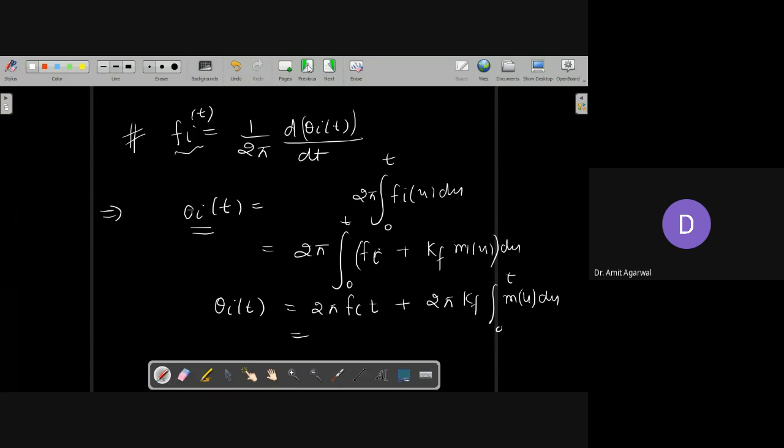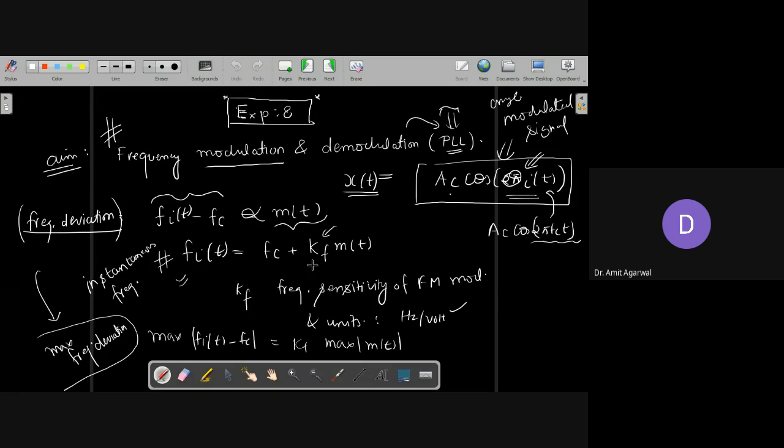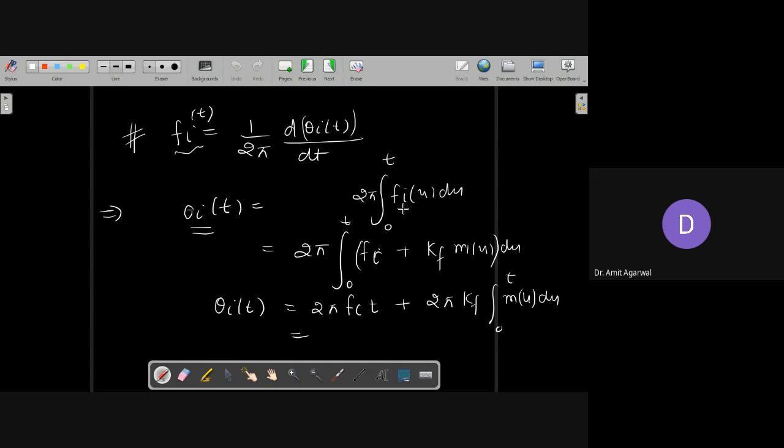If you put the value of f_i(t) from equation A, we get 2 pi integral of fc plus kf m(u) du, and we integrate it, so we get instantaneous phase at 2 pi fc t plus 2 pi kf integral of m(u).